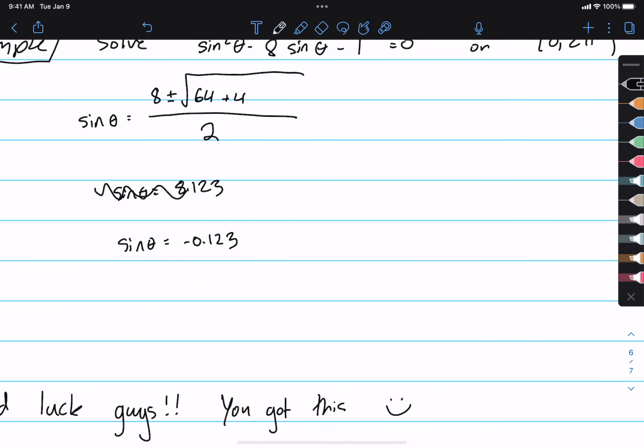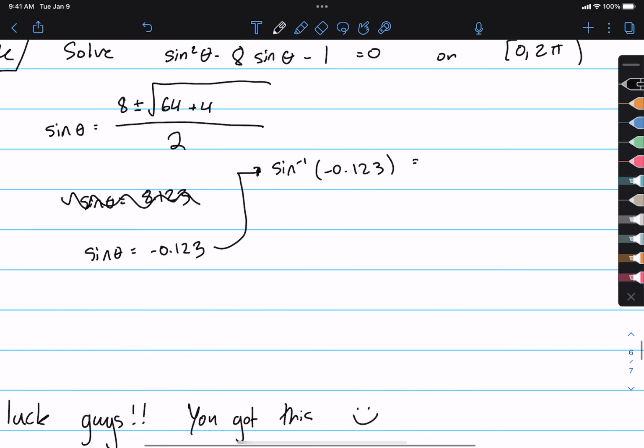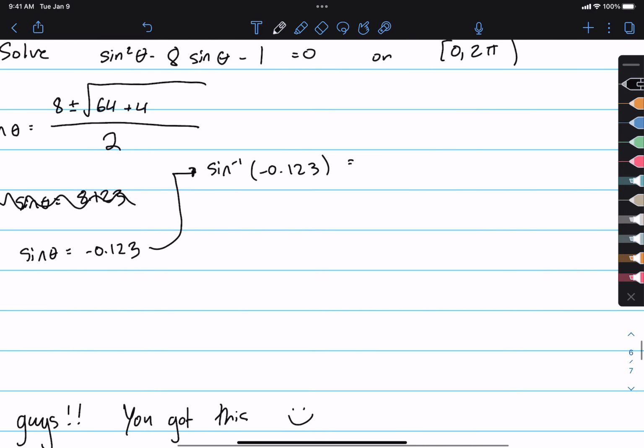So we can ignore this one, because it doesn't make sense. And we're going to take a look at this one. So when does sine theta equal negative 0.123? I'm going to take the sine inverse of negative 0.123 in my calculator. And that's going to give me, oh, that's funny, it's going to give me negative 0.123.